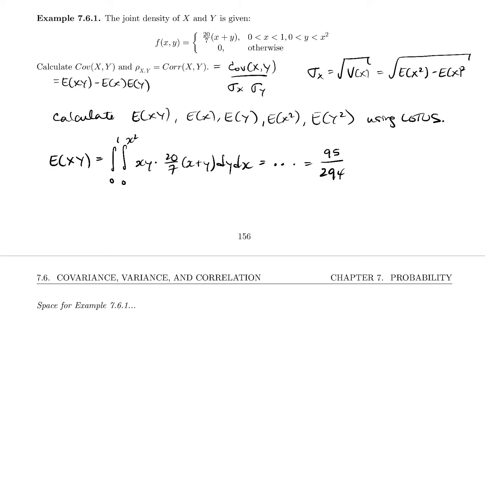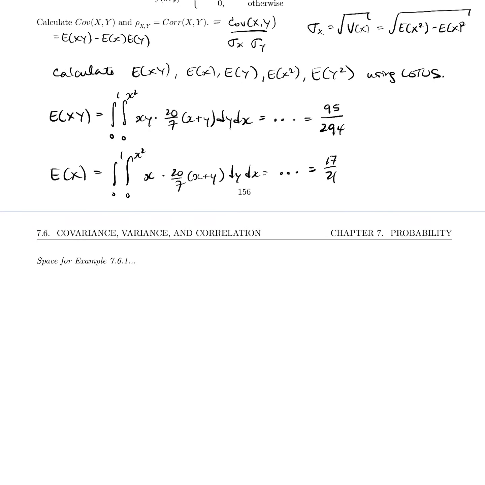Next, we have E of x. So E of x is going to be the same basic integral, but instead of x times y, we just want x times the density function. And that as well I calculated off screen and got for us 17 over 21.